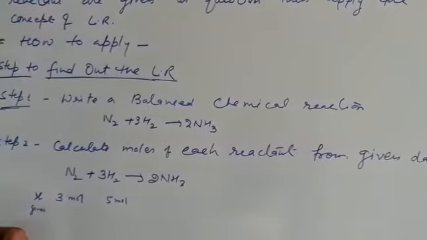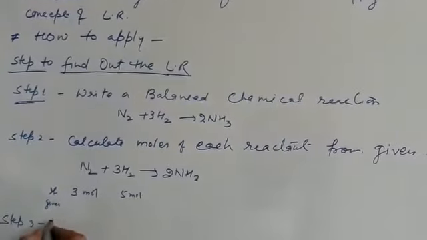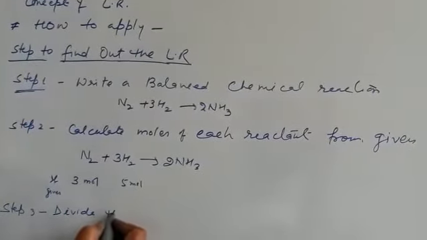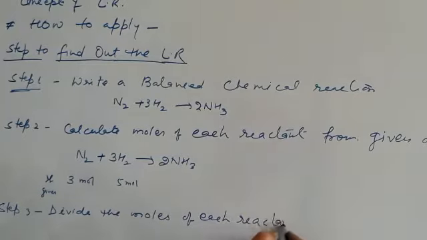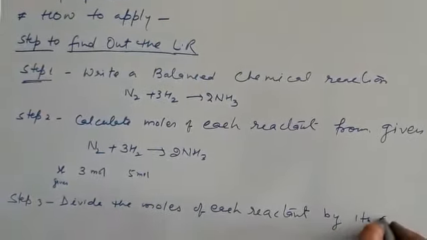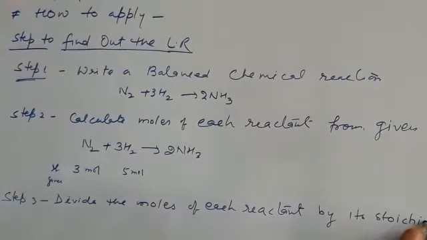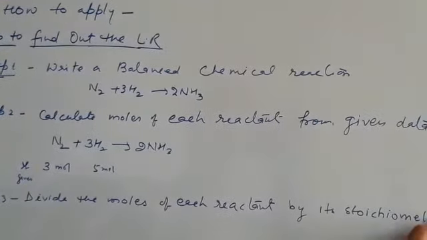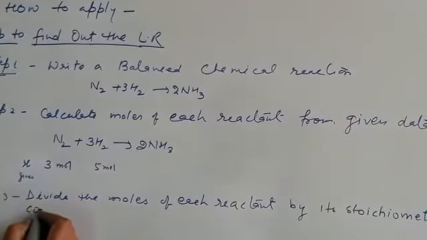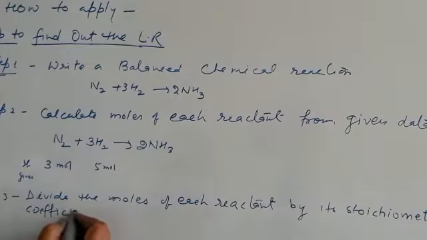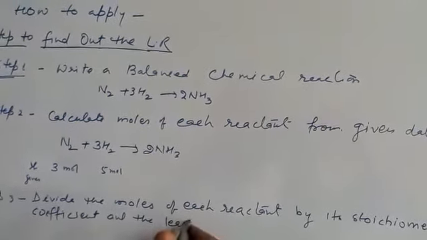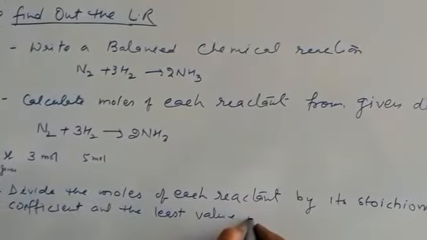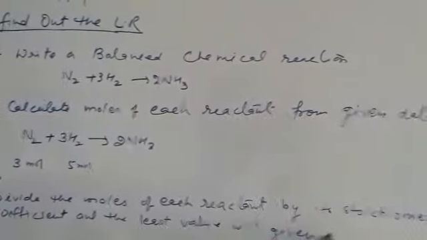Step 3, divide the moles of each reactant by its stoichiometric coefficient, and the least value will give the limiting reagent.